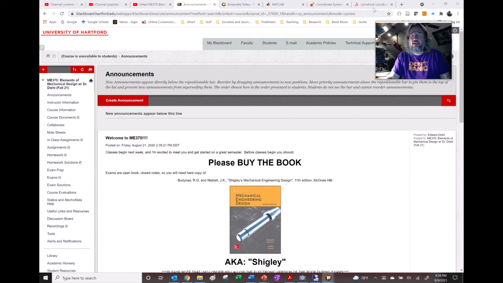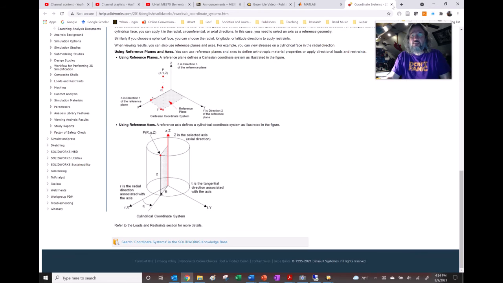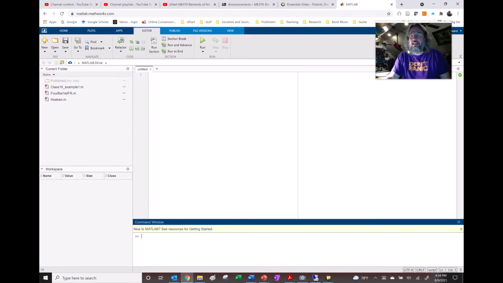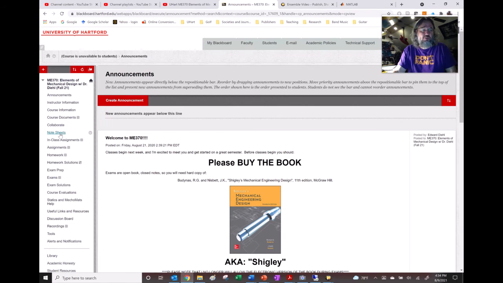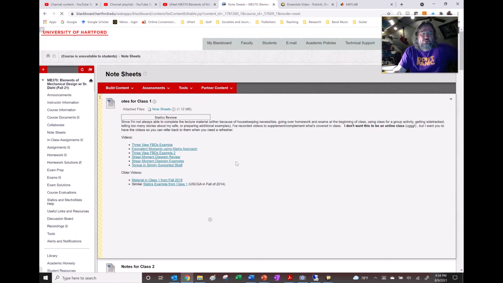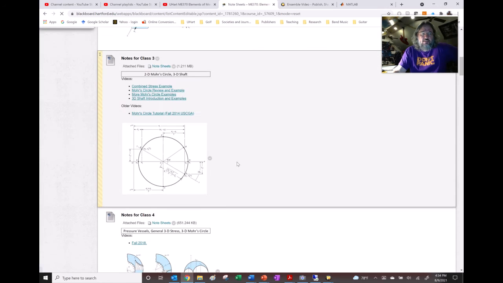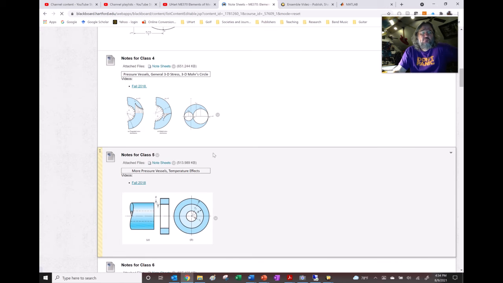Remember that we can get Matlab online. So I opened up a blank M file, and to encourage you to explore these note sheets, we go into the note sheets for the class, and this is class 5.